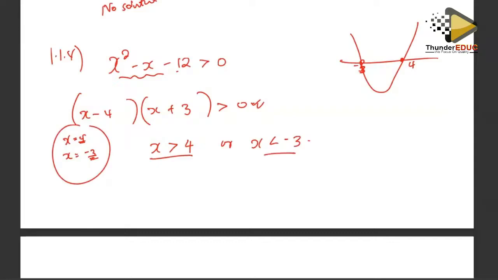This is another way of representing the solutions by drawing the parabola, and then you indicate those critical values. The other way is by a number line. You have your -3, you have your +4, and then you indicate this. So we have 3 ways of doing that, depending on what the condition is asking for.